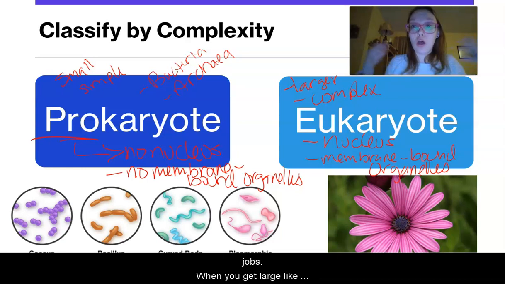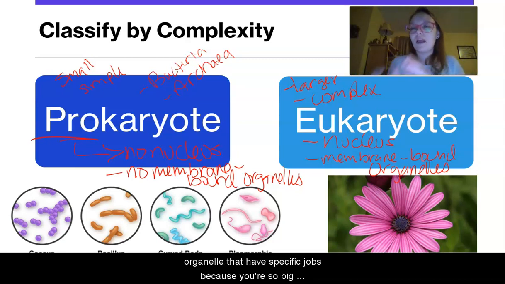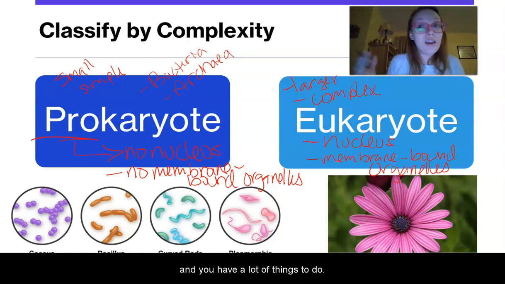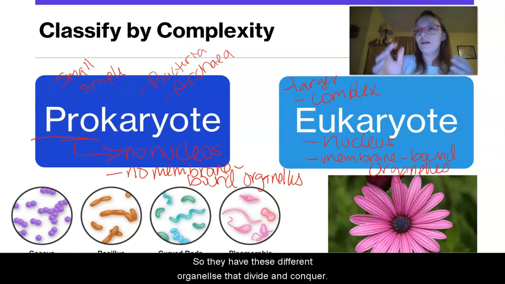When you get large, like these eukaryotes, you need to have specific organelles that have specific jobs because you're so big and you have a lot of things to do. Cells are really busy. So they have a lot of processes that they need to undergo. They divide and conquer. Different organelles will have different jobs.